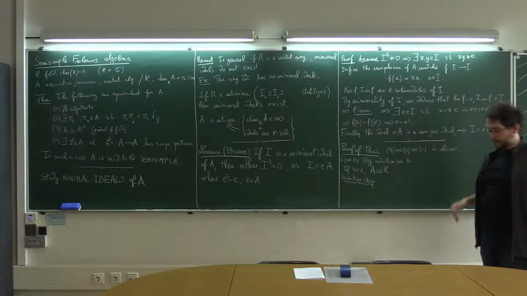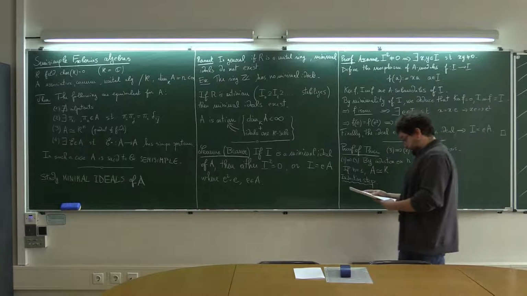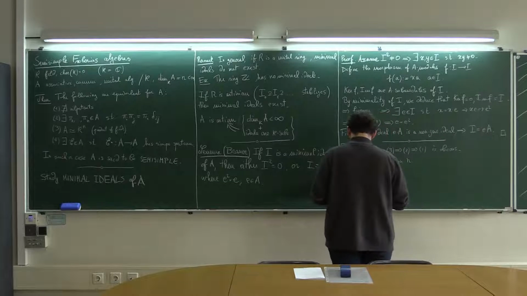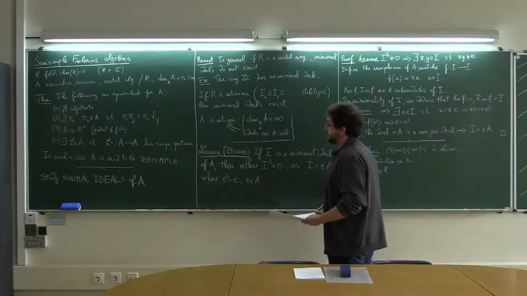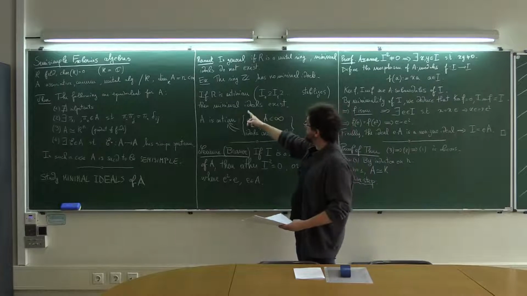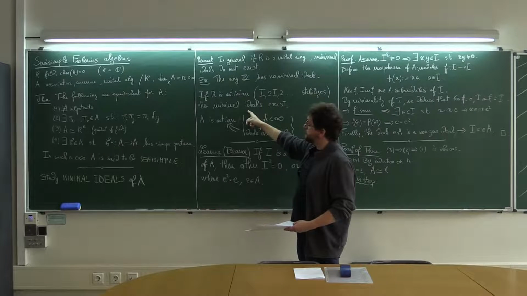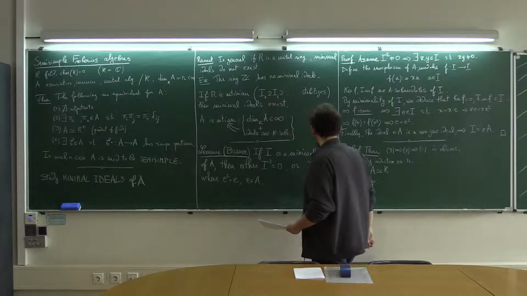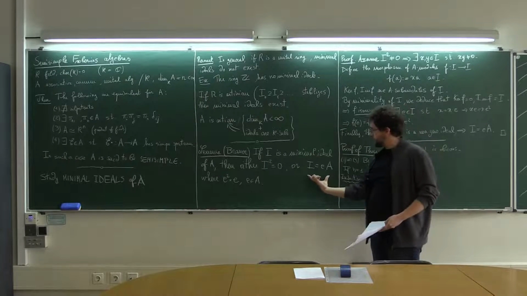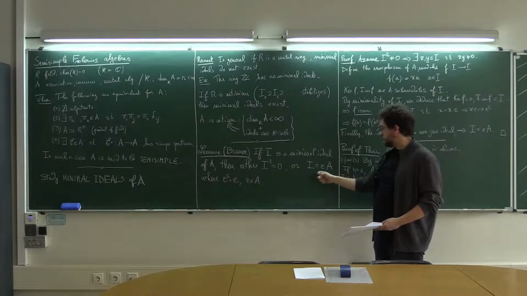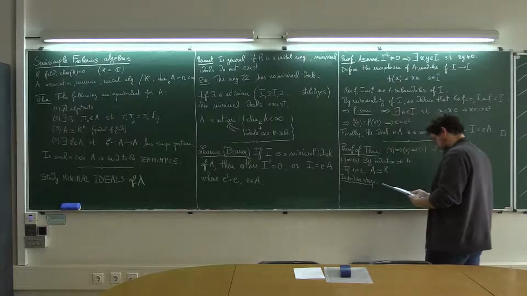We want to prove it works for n. Well, by this remark, we know that A admits minimal ideals. By Brauer's lemma, we know that a minimal ideal has the following form: I is generated by an idempotent of A.